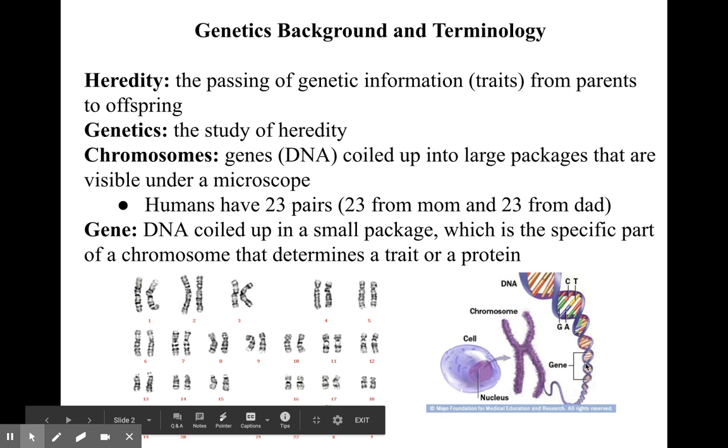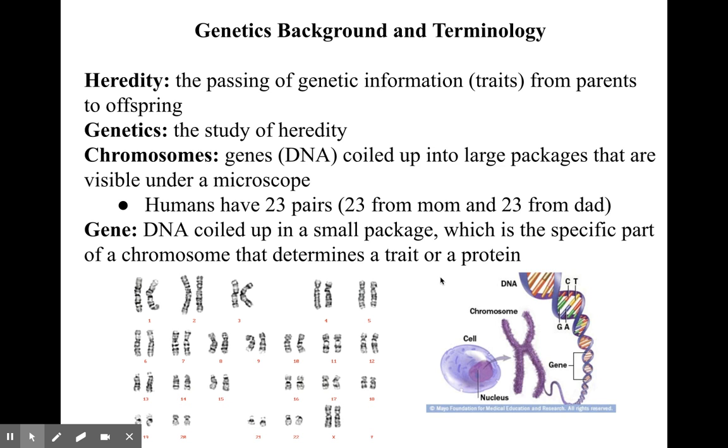One gene is one trait. One gene, one trait. Now, a trait in general for organisms is a protein. So the way you get that trait is because it makes a certain protein that causes a certain look to happen to you. So again, we have 23 pairs. We get one from our mom, one from our dad.